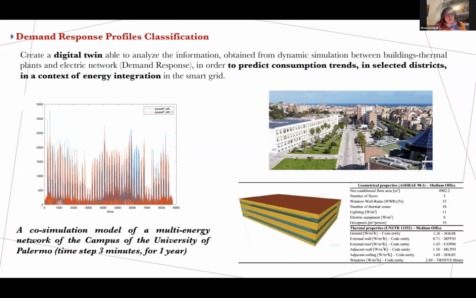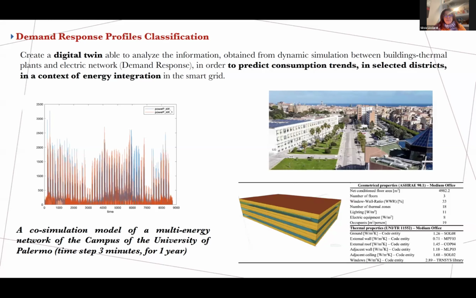My colleagues, with particular software, obtained some profiles. What you can find in blue and red are two profiles of electrical request, so power request, in 1 year with a step of 3 minutes. So I applied it to this kind of profiles.